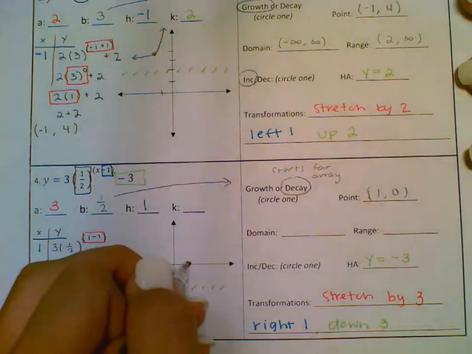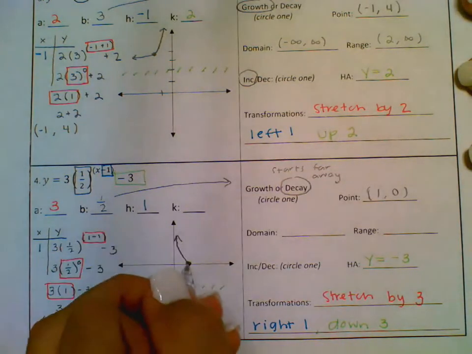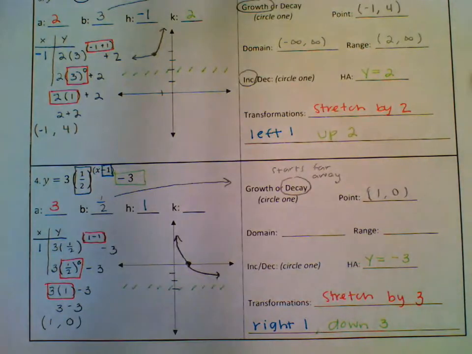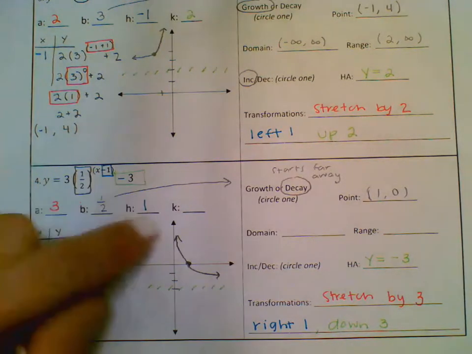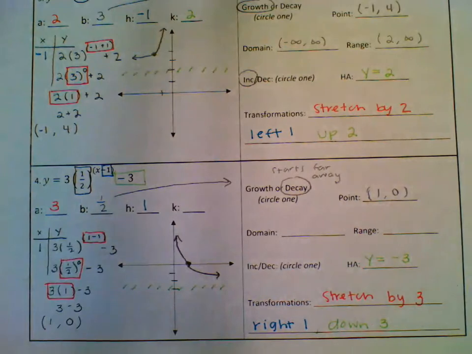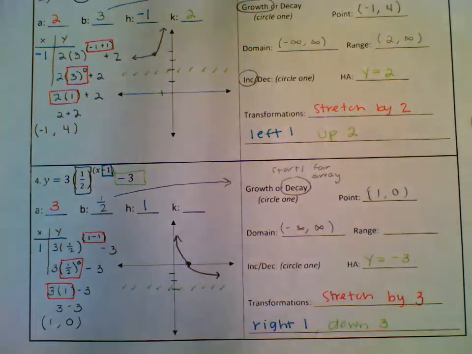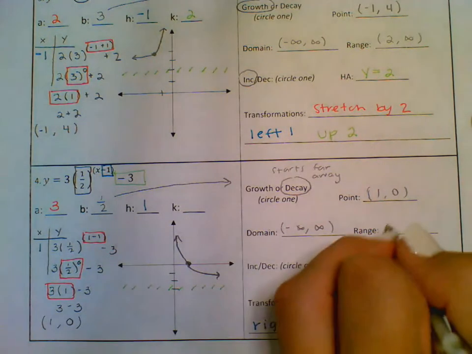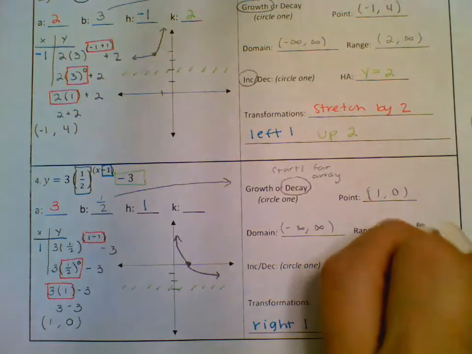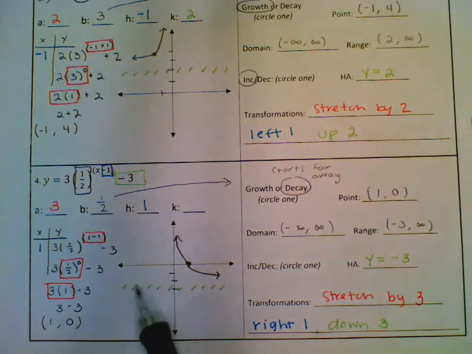So on the left side, starting far away from the asymptote and then getting closer on the right side. Domain is -infinity to +infinity, and then the range goes from -3 up to infinity. Can't cross the asymptote, so it starts here at the asymptote and then goes up to infinity.